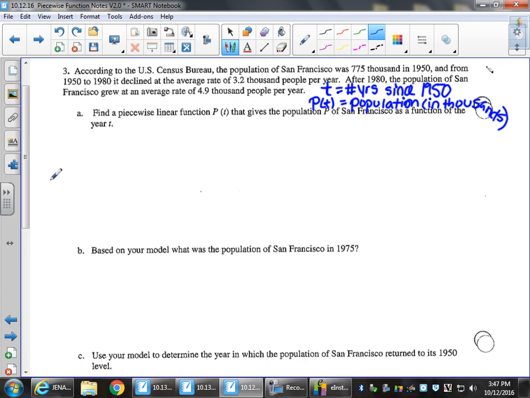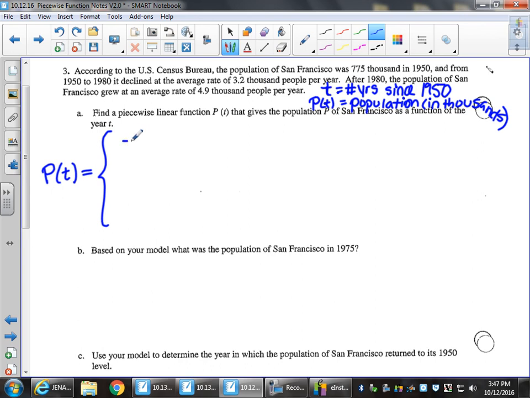And let's get to it. So P of t equals, let's read for information. I know in my 0 year, I have an initial value of 775. My first chunk of time is from my 0 year to 1980. It says declined at an average rate of 3.2 thousand.